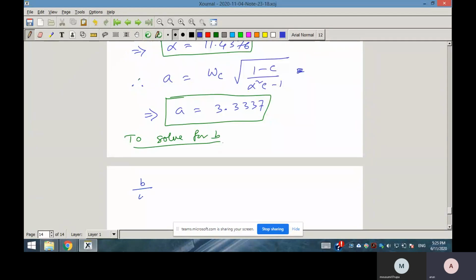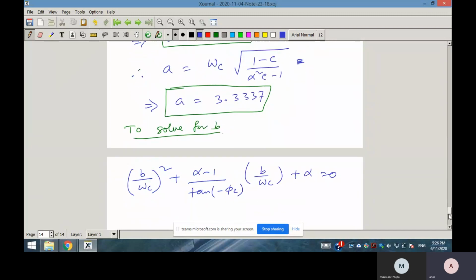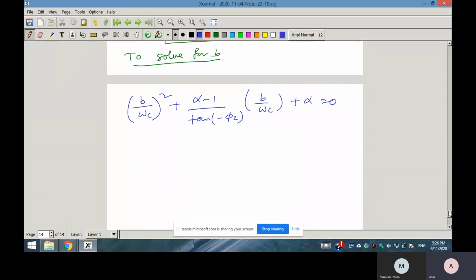As you know, (b by omega c) whole square, plus (alpha minus 1) divided by tan of minus phi 2 into (b by omega c), plus alpha, this is equal to 0. So lag lead controller design is a little bit involved because it is a little bit lengthy, as you can see now.